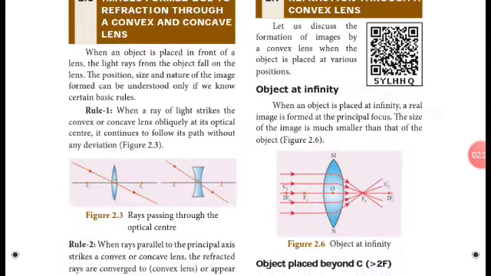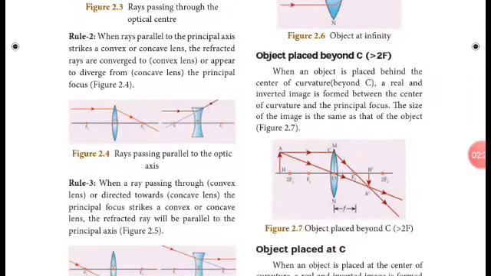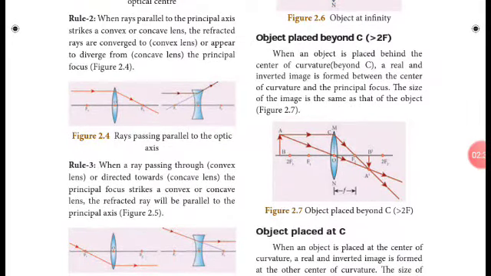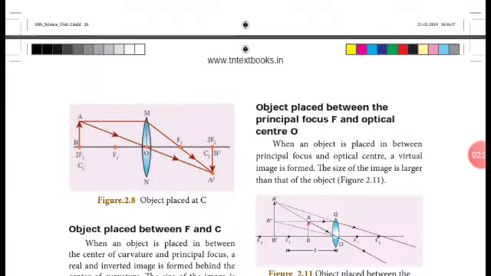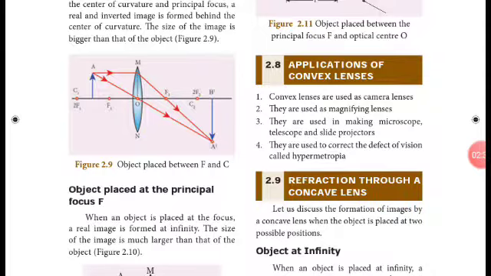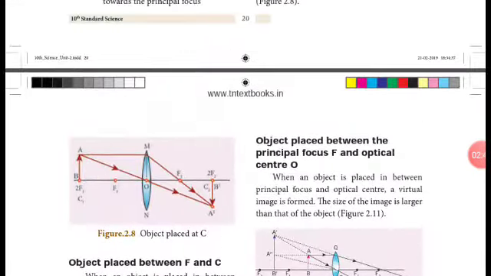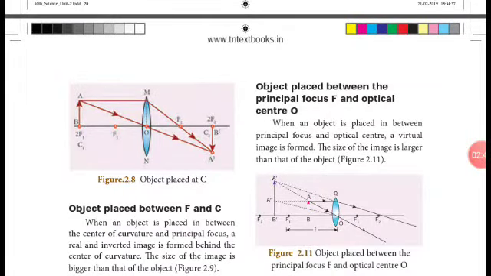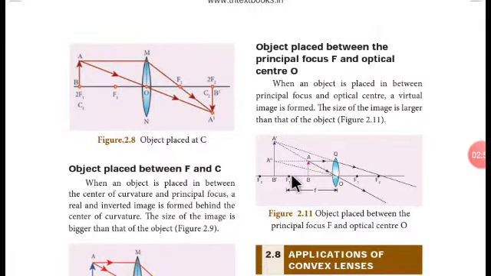In today's session, we'll be discussing object at infinity, object placed beyond C, that is greater than 2f, then object placed at C, where C is the center of curvature. Then object placed between F and C, where F is the focus. Then object placed at the principal focus, and the last topic is object placed between the principal focus F and optical center O. This is a special case which we need to concentrate on more.